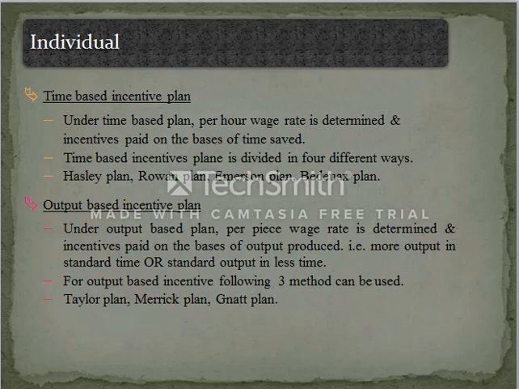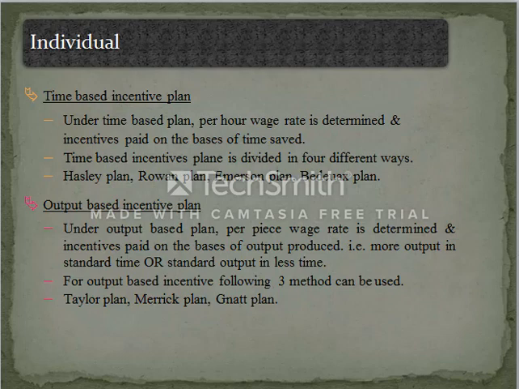See, there are different modes on which the employer pays the time based incentive plan to the employees. The first one is hourly basis, second one is daily basis, third one is weekly basis, fourth one is fortnightly basis, and last category is the monthly basis.